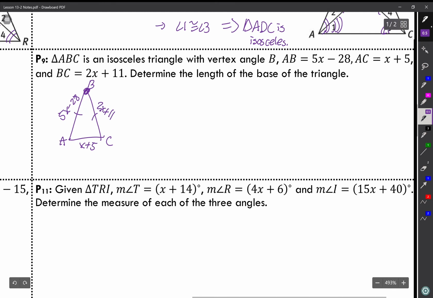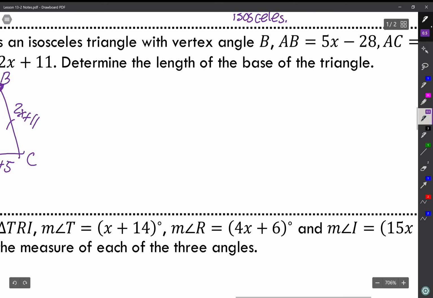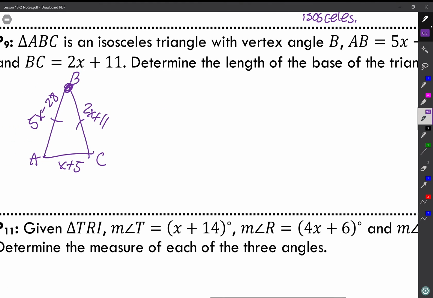So I know that two of my sides, AB and BC, are equal. Their lengths are equal because they are congruent, because it's an isosceles triangle. We're determining the length of the base, which is AC. We cannot find AC until we've got x. So my equation would be 5x minus 28 is equal to 2x plus 11, because those two sides are equal. So let's solve for x now.